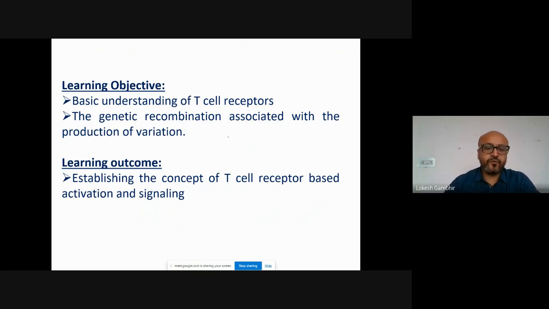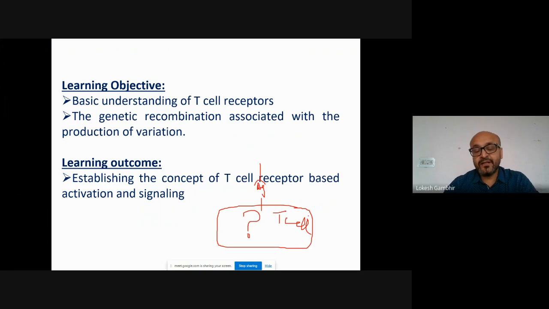In today's lecture, if this is a T cell and this is its receptor, now the receptor will not look like that, but if it is getting activated with an antigen presented with an MHC molecule, then what is happening inside this T cell that eventually leads to the activation of immunoregulatory transcription factors and release of cytokines like IL-2, 4, 6, 10, 5?